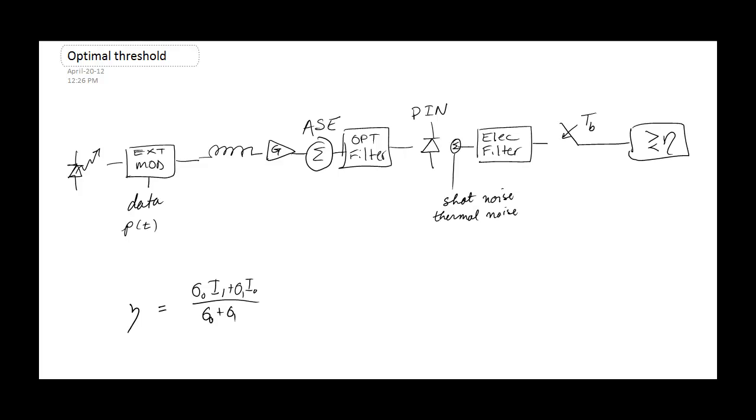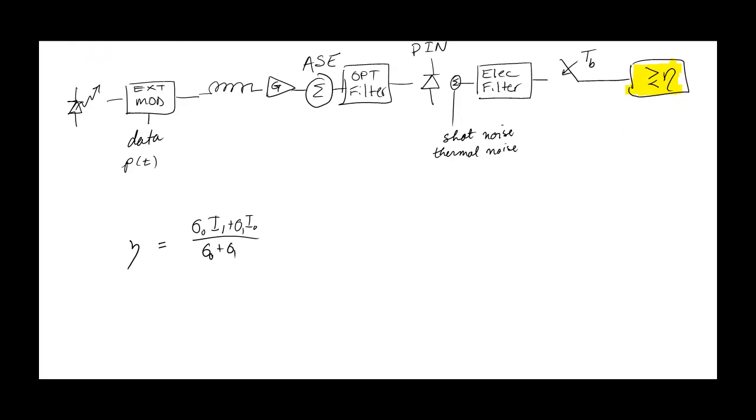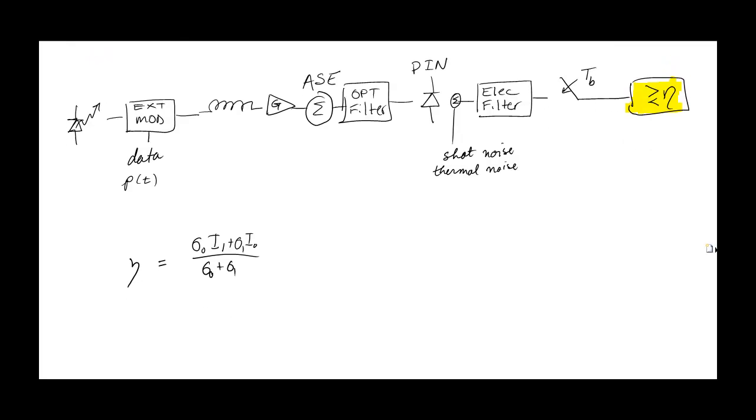I'd like to discuss now the thresholding, which is the last operation that we do in our simulator. And we saw in class that the optimal threshold can be given by the expression here, based on the noise of the marks and spaces and the current of the marks and spaces.